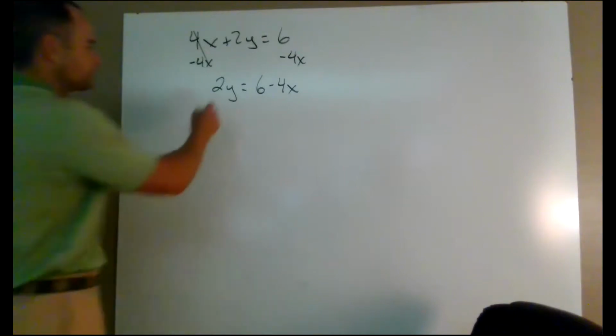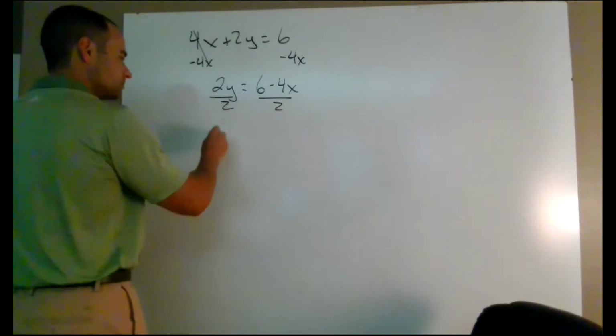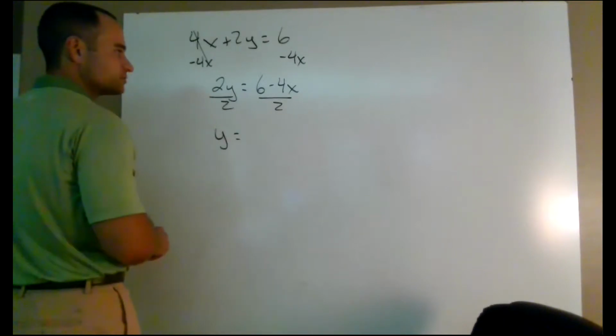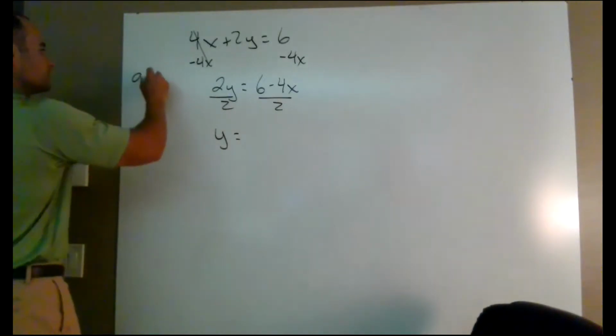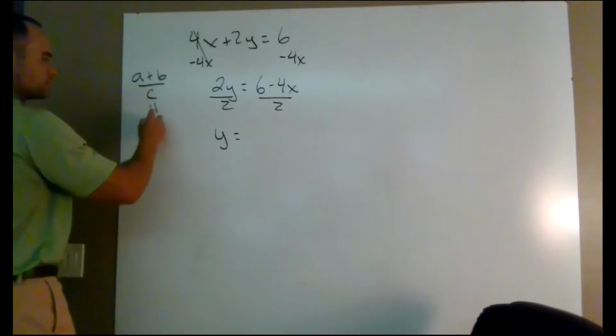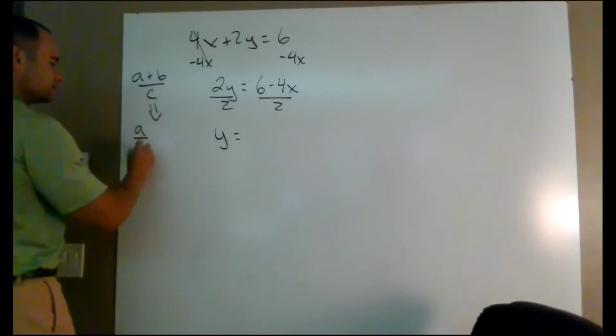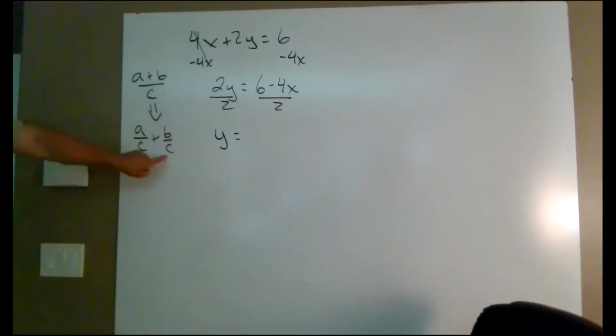Almost done to solve it for y. I'm going to divide both sides by 2. And I'm going to get y is equal to, little trick right here. If I have (a plus b) over c, I can rewrite that as a over c plus b over c, right? We learned about this.